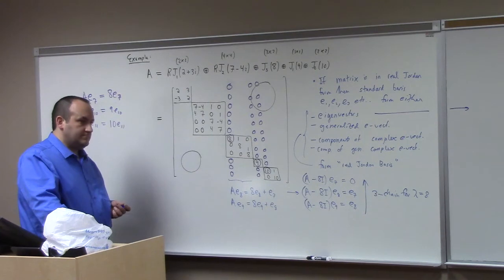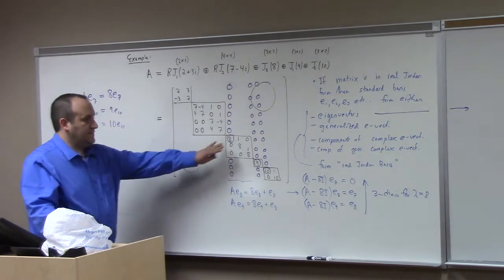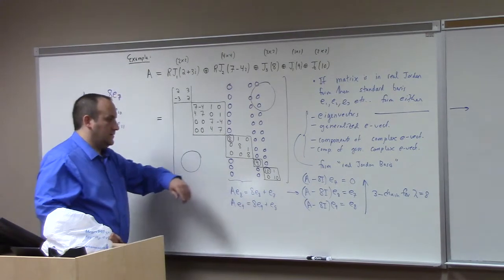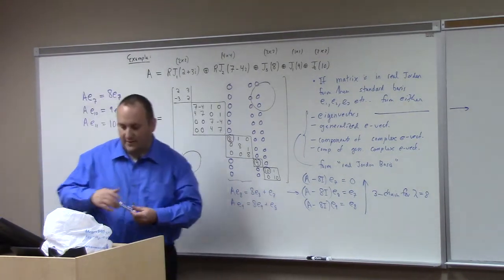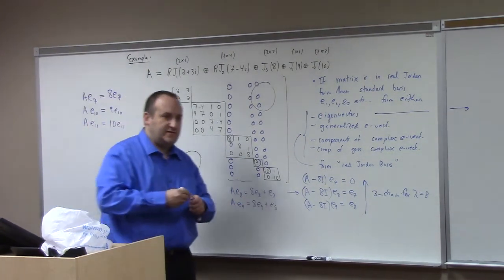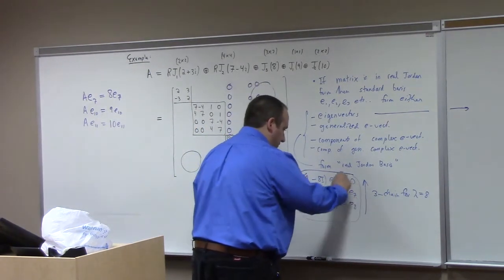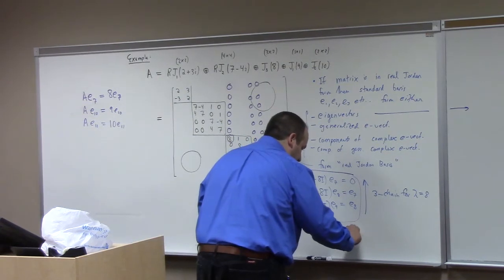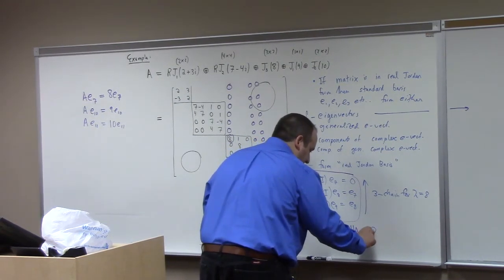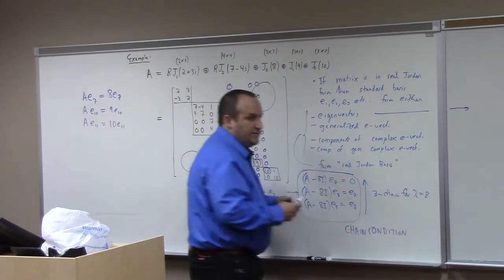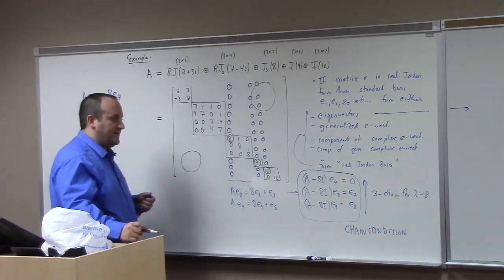So that whole right side there is your generalized eigenvector form? This piece? No, the A minus 8I E7, that whole... This is the chain condition. I sometimes call these chain conditions because they tell you the interrelation of the generalized eigenvectors corresponding to eigenvalue 8.